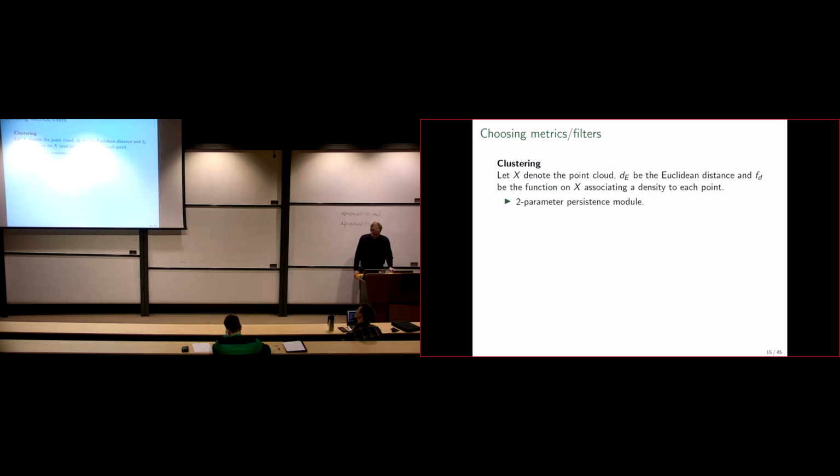This will result in a two-parameter module, because we have two metrics, right? Just as in our examples with the x and y distance, we will get a filtration parameterized by two filtration coordinates.